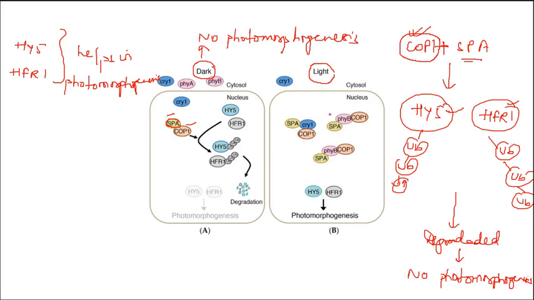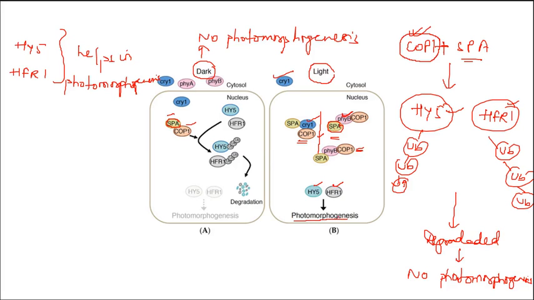In presence of light, several other proteins like Cry1 and PHYB, Phytochrome B, dissociate the interaction between COP1 and SPA. As a result COP1 cannot activate itself, so HY5 and HFR1 cannot be ubiquitinated, and as a result they can show photomorphogenesis.